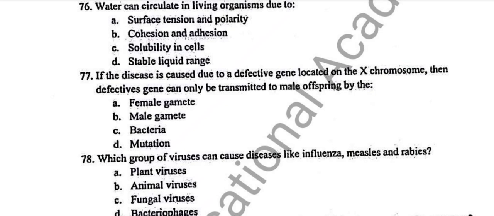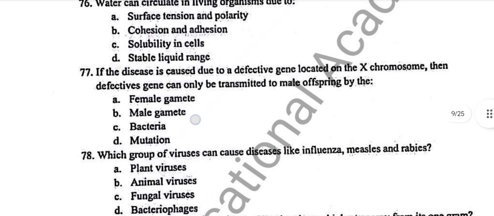And the correct option is A. Female gamete. Sons receive their X chromosome only from the mother. B option is not correct because the male gamete father gives Y to sons only. Bacteria is irrelevant and mutation causes not transmission.